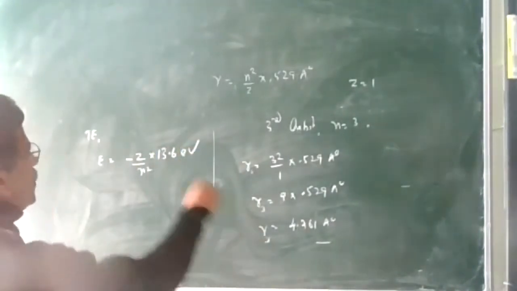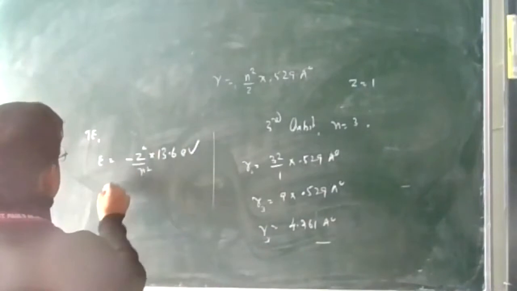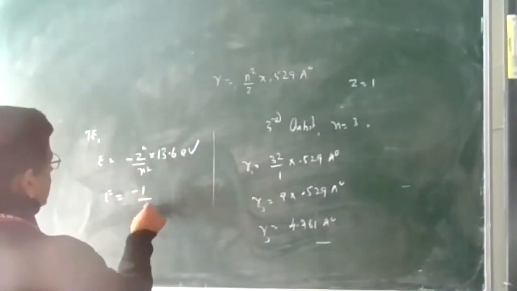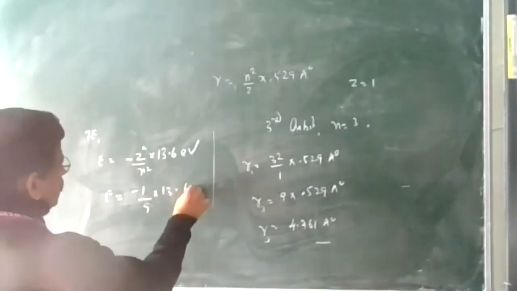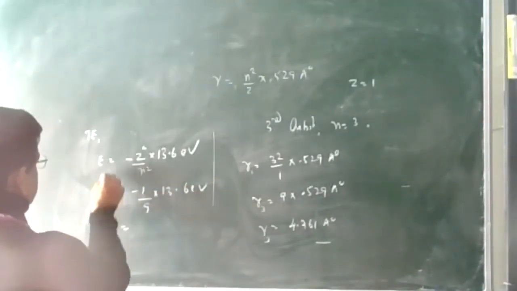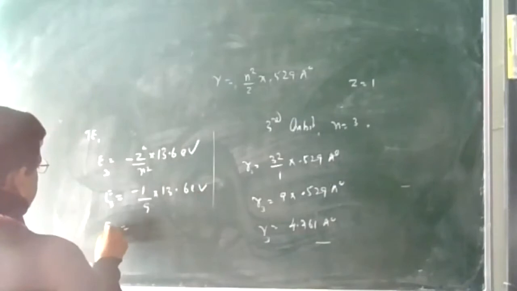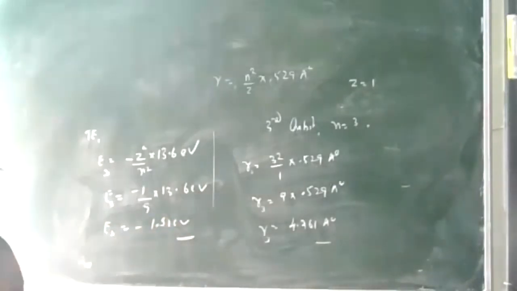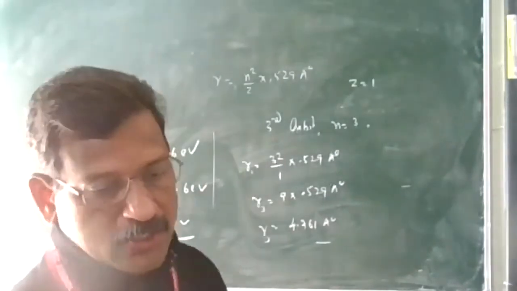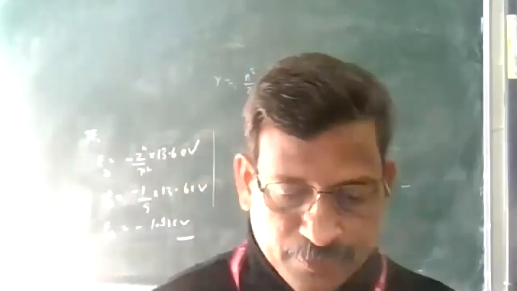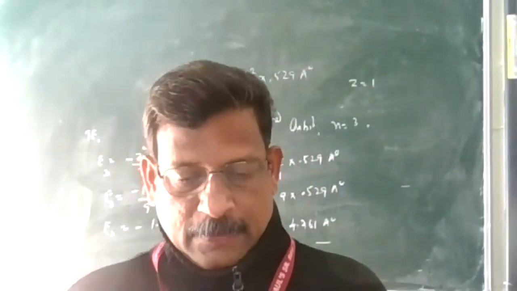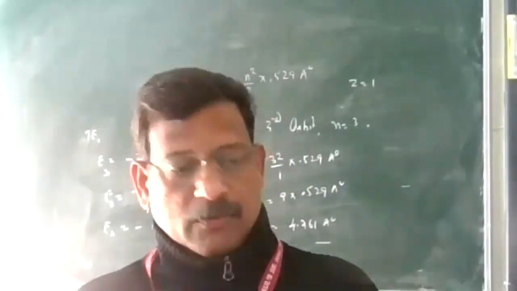So Z equal to 1, and for the third orbit, n equal to 3, this is minus 1 divided by 9 into 13.6 electron volt. That is the third orbit energy E3, equal to minus 1.51 electron volt. So this is the way the question is there. You can easily recognize these values. So these questions are very important.